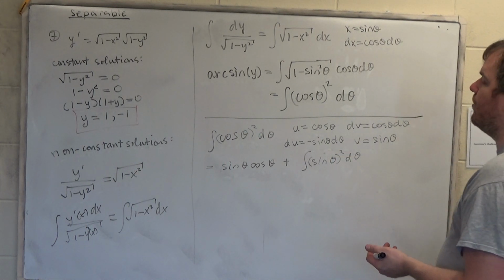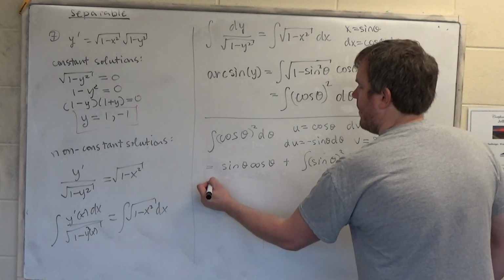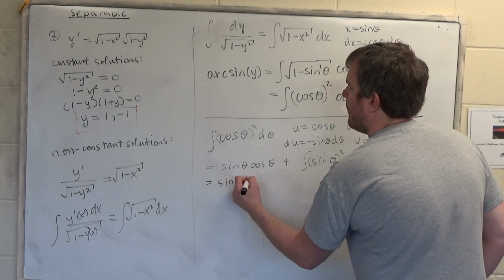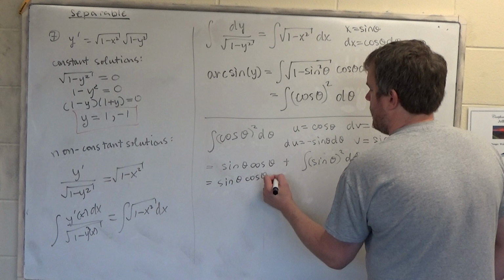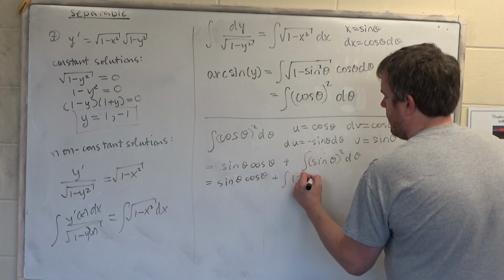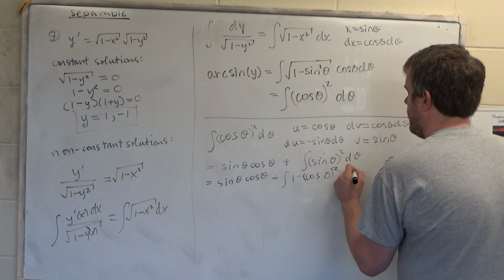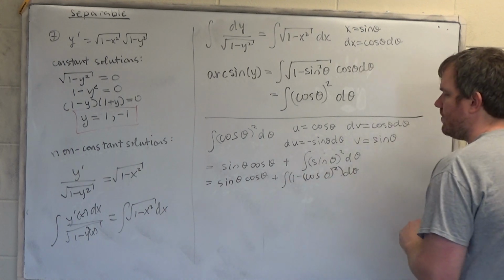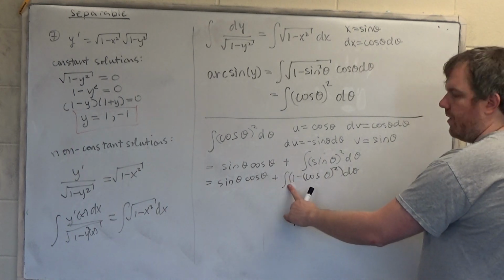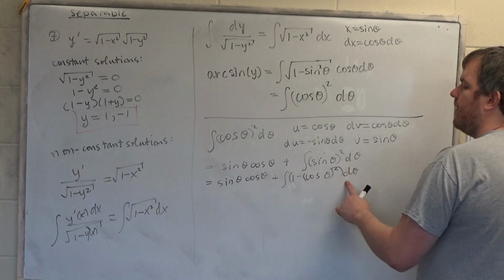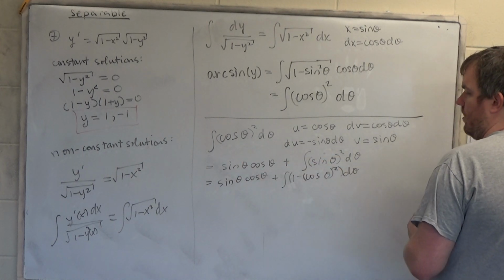And now I can use the Pythagorean theorem to leave me with an easy integral, the integral of d theta, minus the integral that I started with.